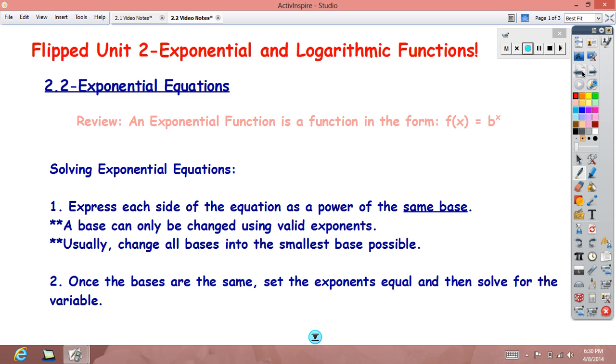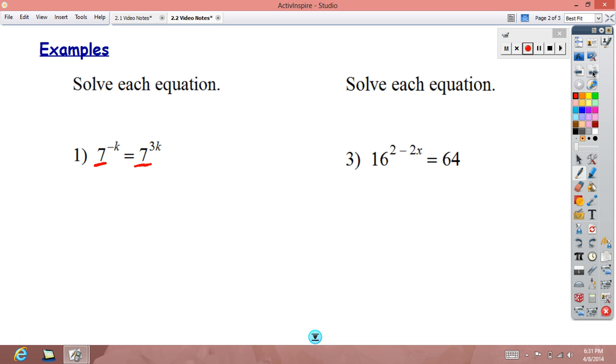Since they're the same already, I can skip to step 2. Once the bases are the same, set the exponents equal and then solve for the variable. Because my bases are the same, I can set the exponents equal. So negative k equals 3k.